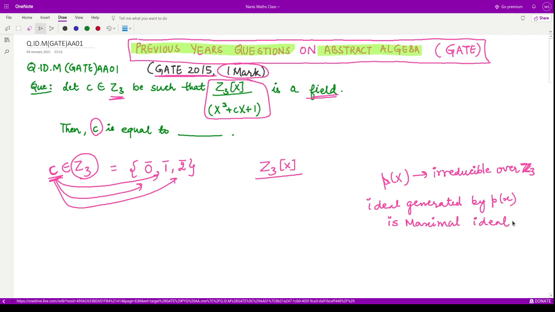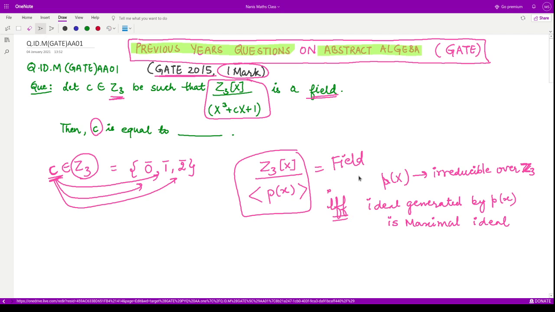And if you have something like this, then this structure forms a field. This is a two-way result, if and only if.